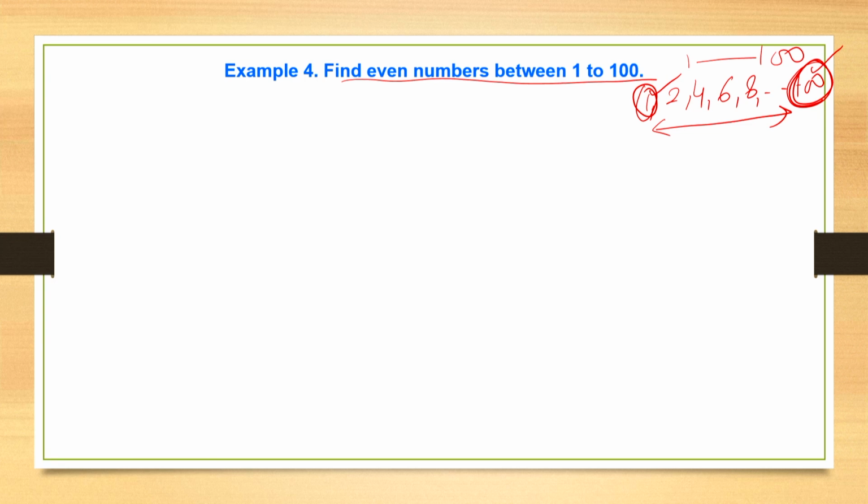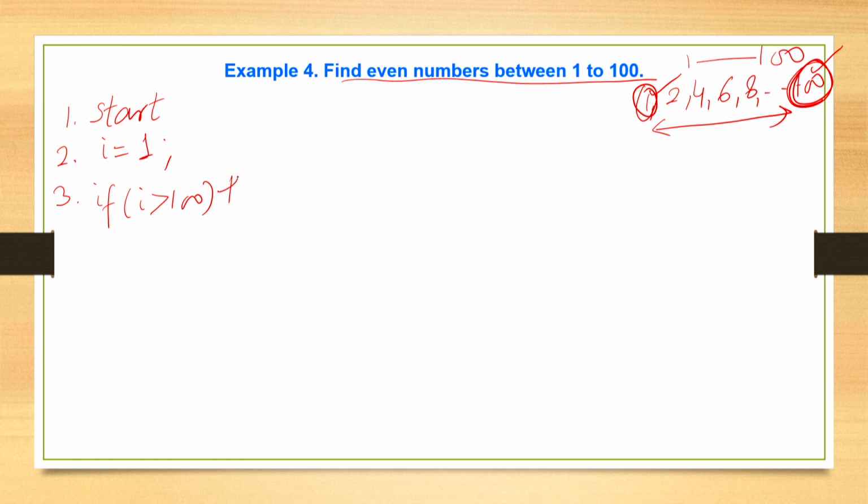So what should be the algorithm for this? First I'll write the algorithm, then I'll explain it. It is a start. Here I'm using a variable I and I assign a value 1 to it. Then I'll check if I is greater than 100 or not.